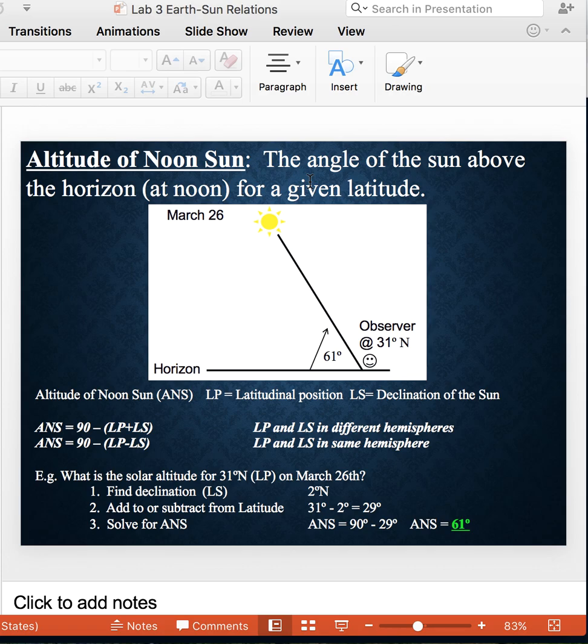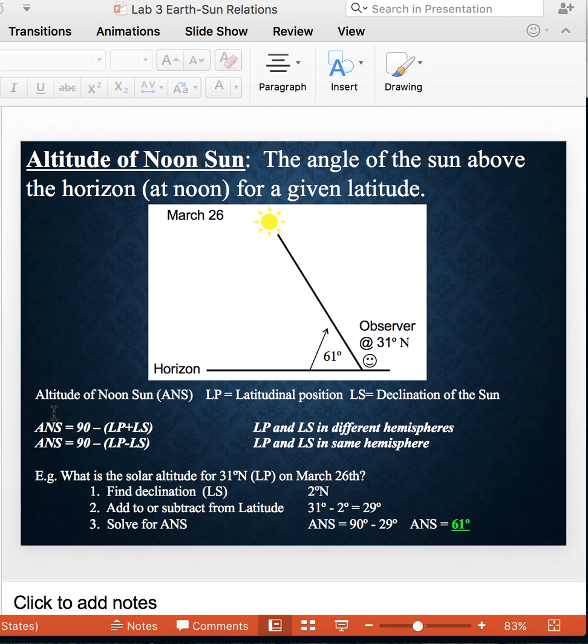So you can find your ANS by using this problem. Don't ignore the first one, but it says, ANS at any latitude can be calculated using the following equation. ANS equals 90 minus Z. Use this one. Don't even worry about the 90 minus Z because it breaks it down.